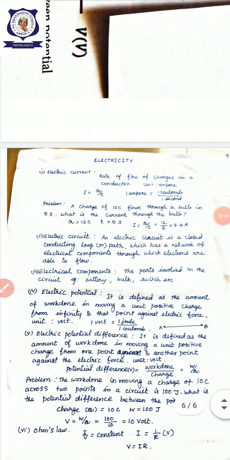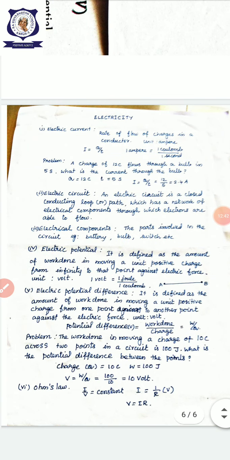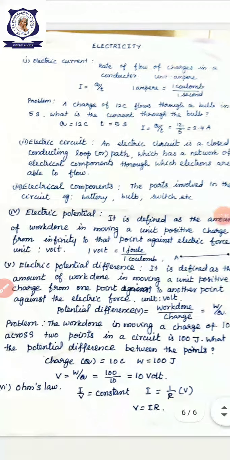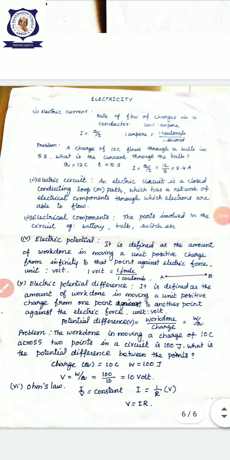Next, another topic, electric potential. What is electric potential? We know this. For example, in our houses, we transfer water from the ground level to the topmost tank with the help of a motor.